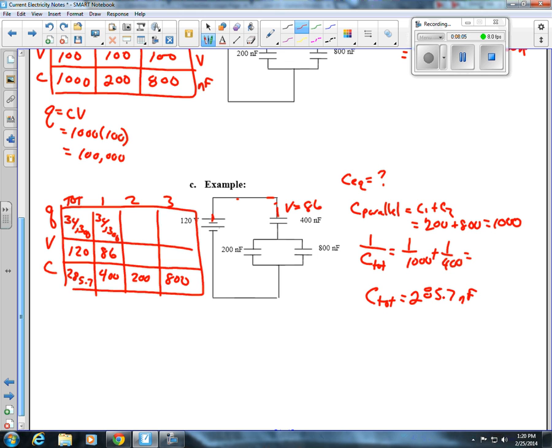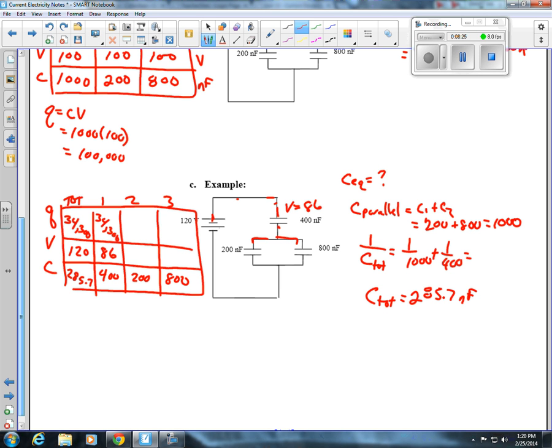Now, I don't know the charge on either of those because that charge of 34,000 would get split over these two. But if I do my loop rule for voltages, I get 120 from the battery. So my voltages in any loop have to add up to 120. I have 86 for the 400.